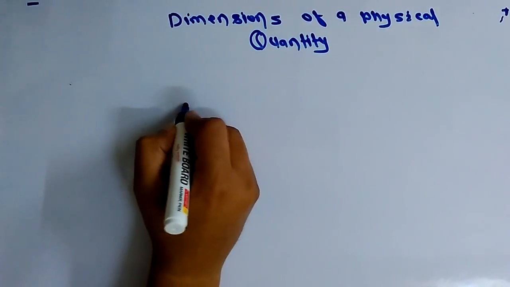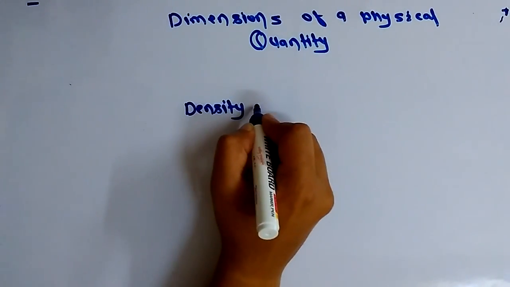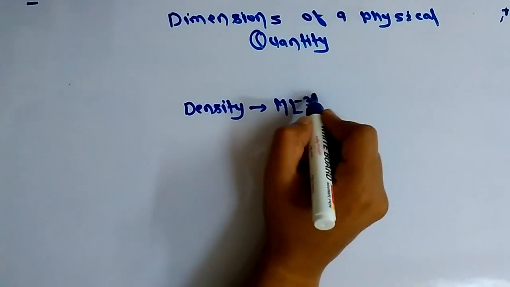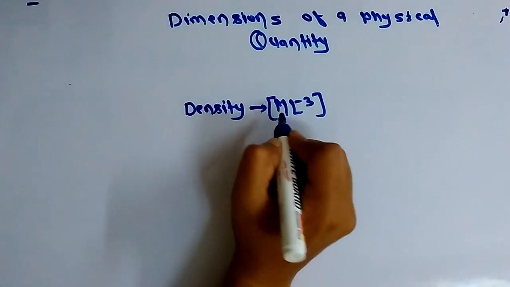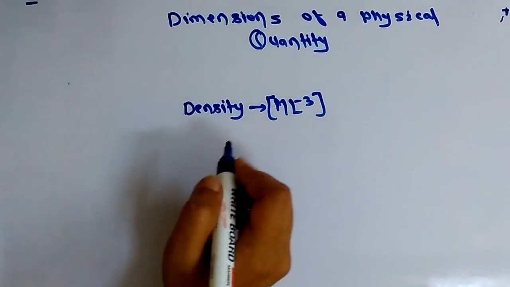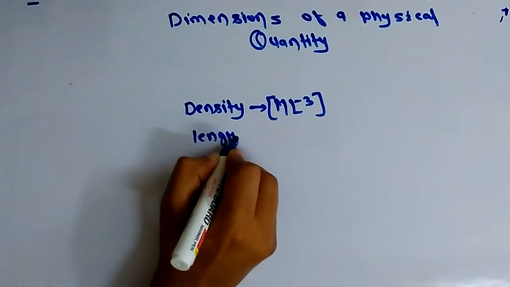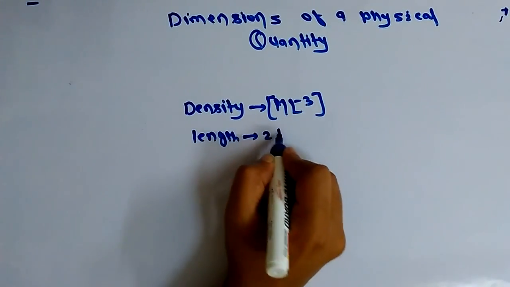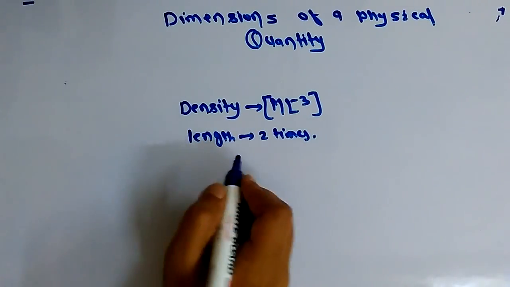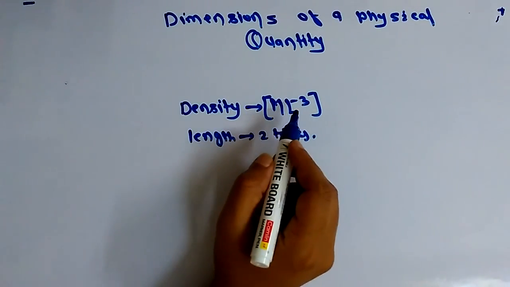Suppose you have calculated the formula of density, that is ML^-3. This is the dimension of the density. If I change the length 2 times, the density changes by 8 times, since length has a dimension of -3.